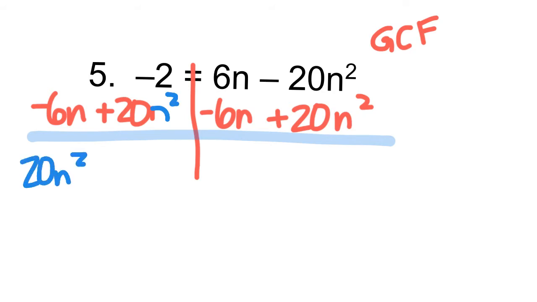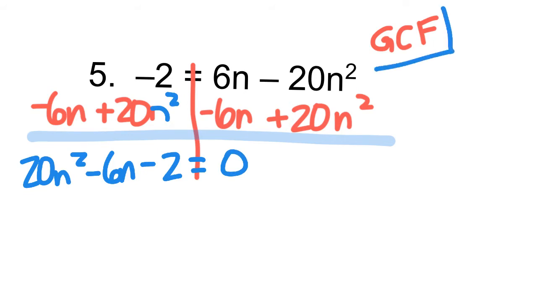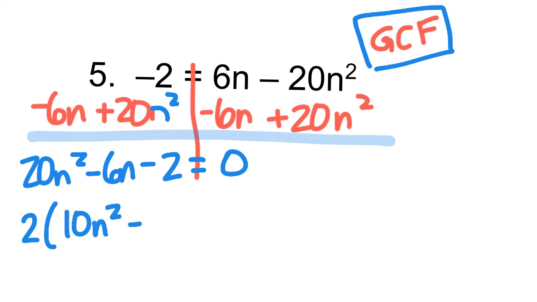Let's rearrange it so that n squared is first, then the n, and then the constant. Now, please first look for the GCF in each problem. The greatest common factor here is 2. So we'll have 10 n squared minus 3n minus 1 equals 0.